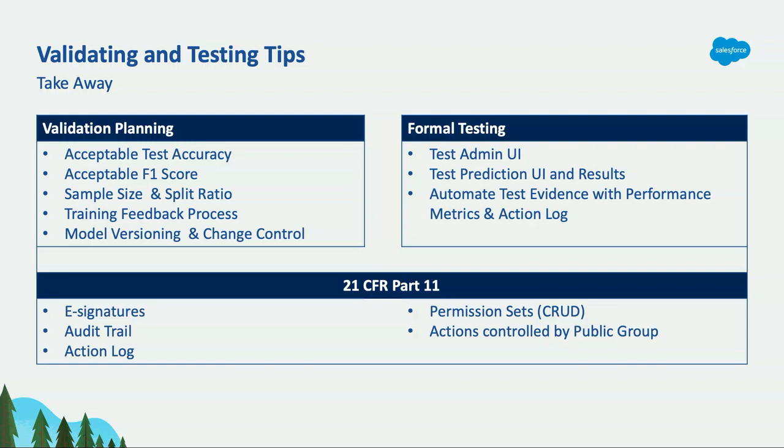Do I want to use test accuracy versus the F1 score to determine whether or not it's acceptable? What's the sample size that you want to use? You're going to have to define that up front. I said at a minimum, 1,000 images per label would be good. You also want to make sure that you've identified the split ratio. 90-10 is probably not what you're going to want to do unless you've got massive amounts of data.